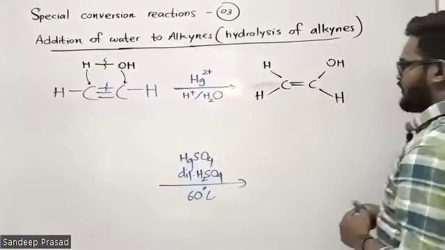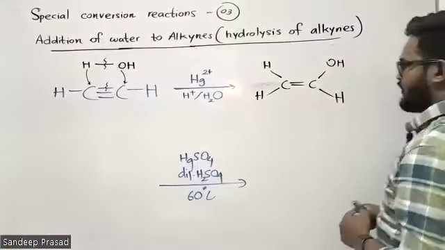Anyhow, now this is the product. This is the first product that we obtain when we add water to the alkyne in the presence of the catalyst Hg2+. Students, remember, in this compound, can you observe a double bond? What is the scientific name that we use for a double bond?